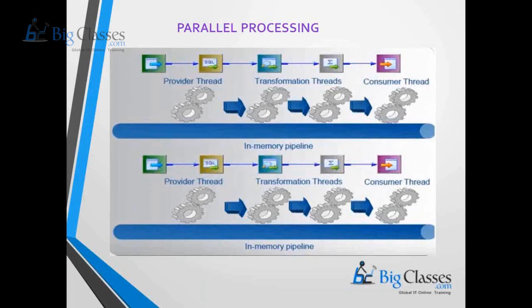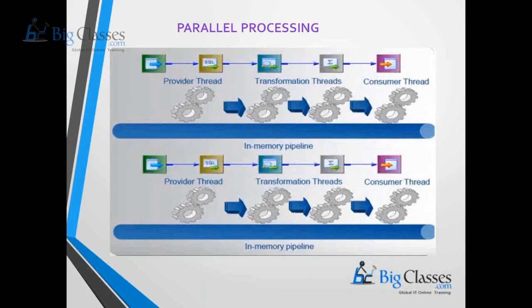The reader thread is responsible for reading the data from the source, the transformation thread is responsible for transforming the data, and the writer thread is responsible for writing the data to the target. We can configure that ETL to have multiple threads, and that is called parallel processing or multi-threading.